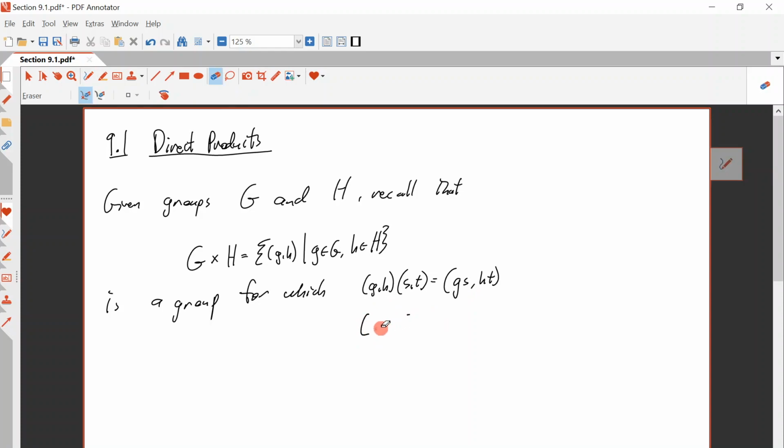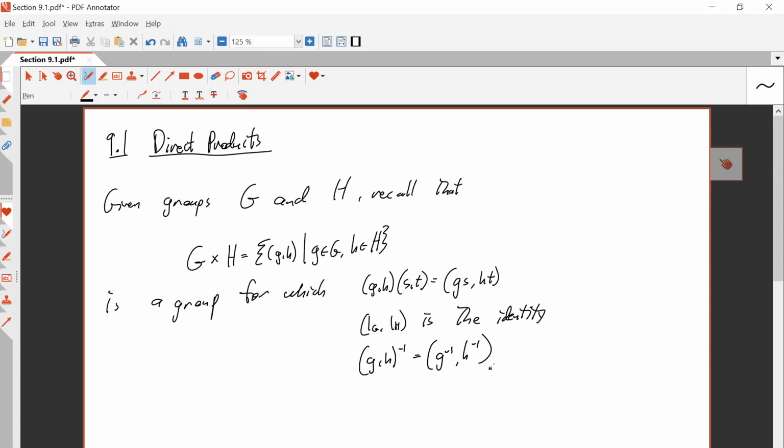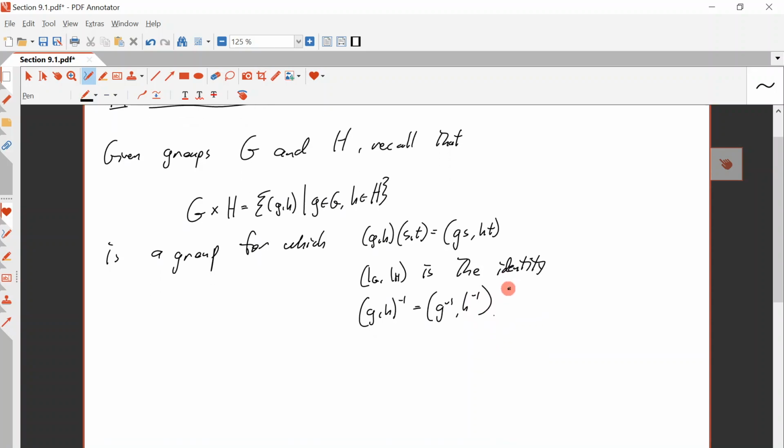The identity is (1, 1), that's 1 in G and 1 in H. And (g, h) inverse is (g inverse, h inverse). So that's the direct product.